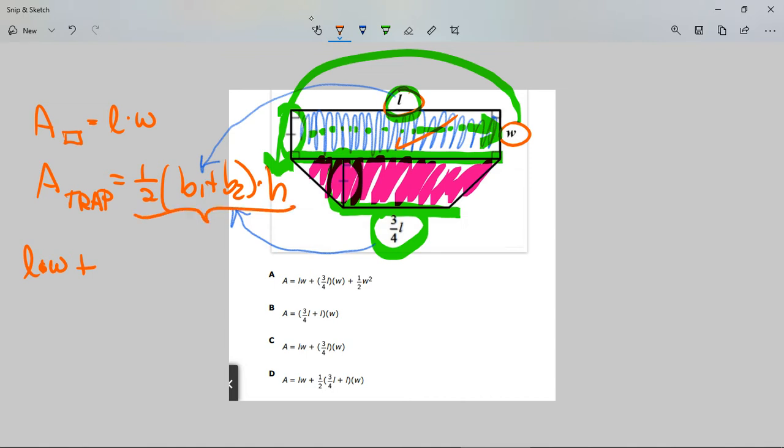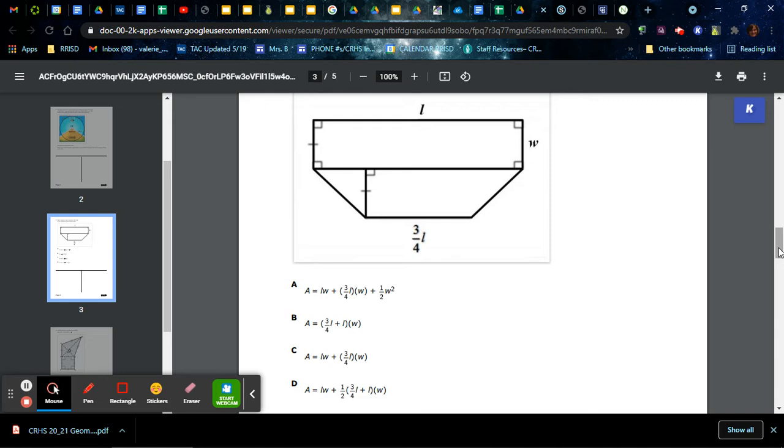When you plug those pieces in there, the top base, the bottom base, times the height, which is this piece, which is the same as this piece right here. When you plug that all in, length times width plus whatever that is right there, which one of these does it look closest to? Okay, next one.